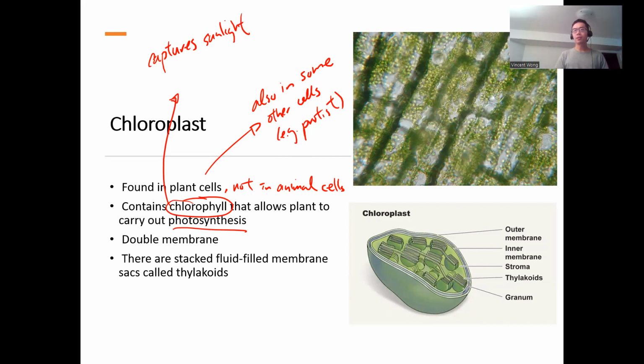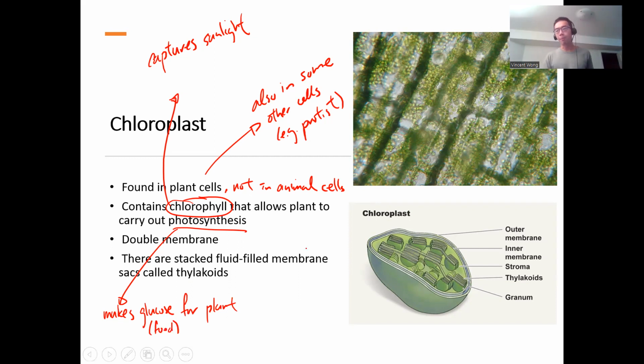Now, a lot of people have this misconception. They think photosynthesis makes energy for the plant, but that's not true. Photosynthesis makes food for the plant. Okay, so photosynthesis makes glucose for the plant. Right? And glucose is food, right?